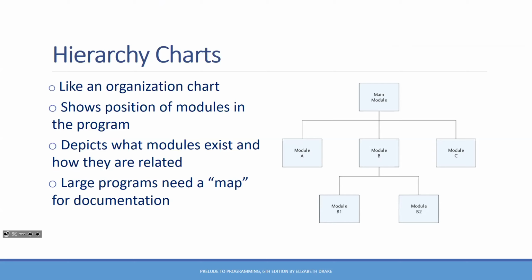So I can look at this simple diagram and just see what subprograms we have in this main program. So a hierarchy chart is like a subprogram map. And it's really simple. It is just that simple, that we just want the rectangles.